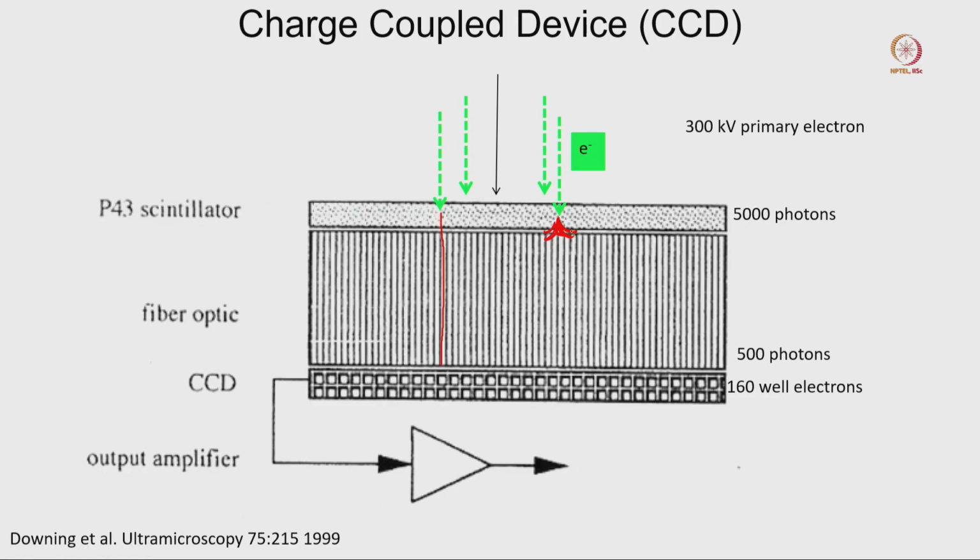Now, based on the total charge, if it is a 300 kV microscope or a 200 kV microscope, as I mentioned, they have more energy, so they can spread more, but if it is a 100 kV or 200 kV, the spreading will be less, and then they will follow a different kind of trajectory.